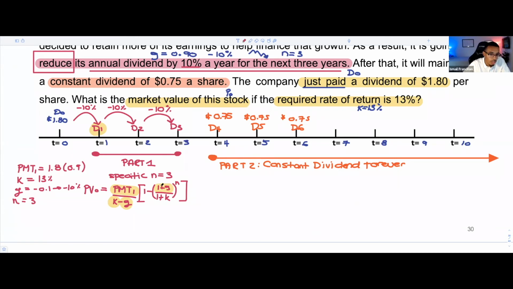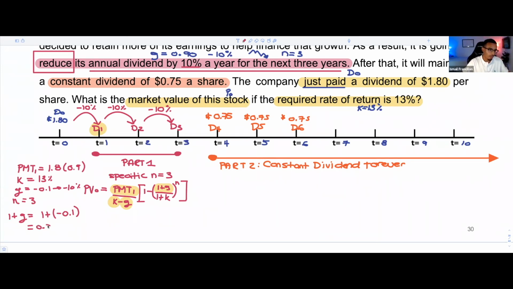Now, really quickly, what are we going to put right here at our numerator? 1 plus g. What is 1 plus g? 1 plus minus 0.1. What does that give you? Yusra says 0.9. I need maybe one more person to write it in the chat, just to make sure we're all on the same page.